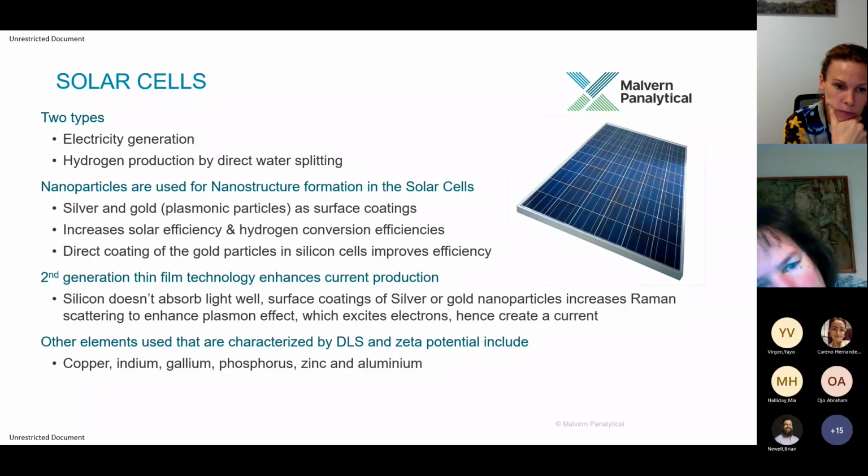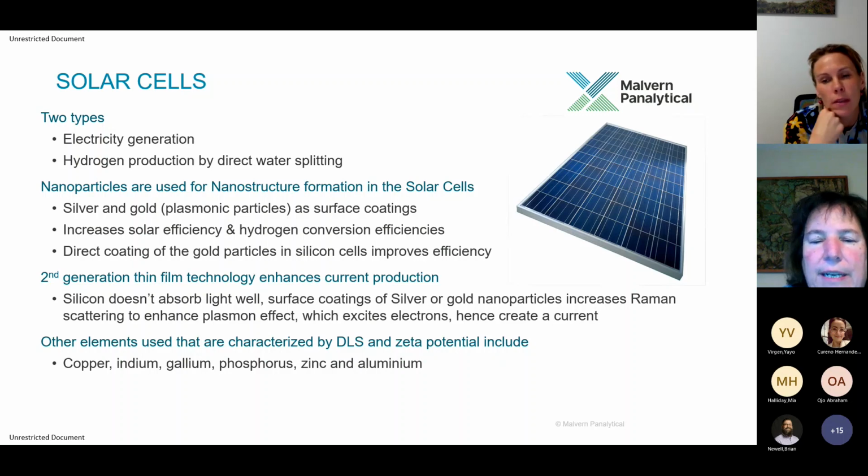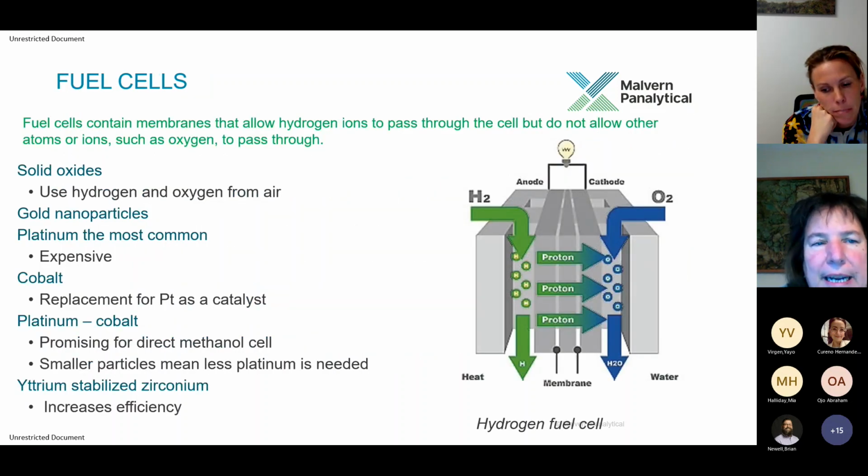So that's really where particle sizing becomes important. It's not just silver and gold, it's copper, indium, gallium, phosphorus, zinc, and alumina that are used in these coatings. So like I said, solar cells are a big area.